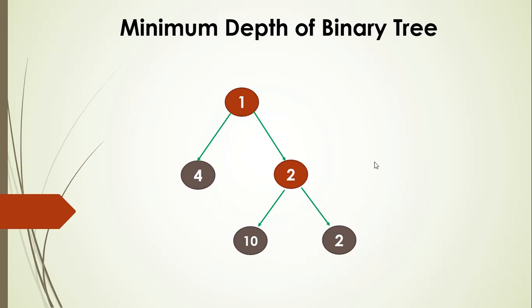So the idea is, whenever you are at a particular node, we need to check if that node has any children or not. If it has children, you continue exploring. If it doesn't have any children, that means we have reached a leaf node, so we need to update our minimum depth.